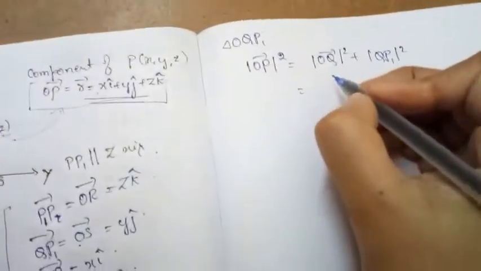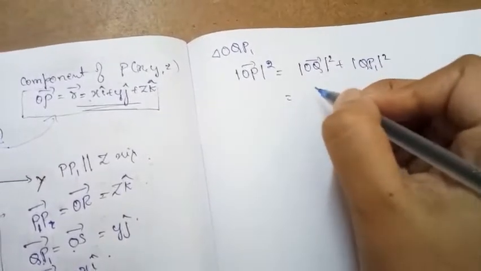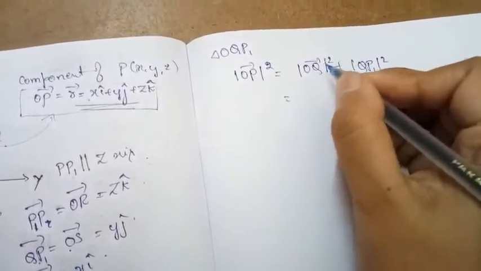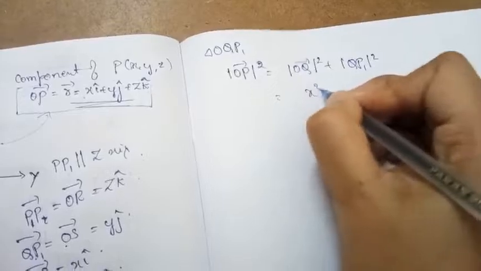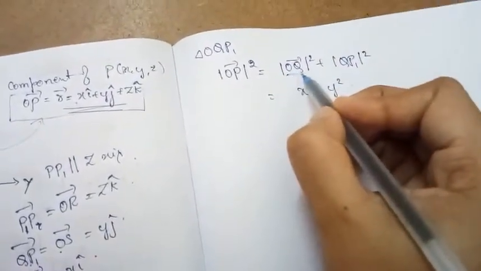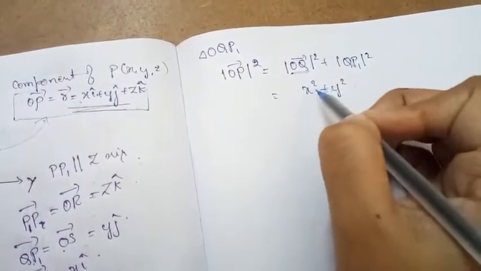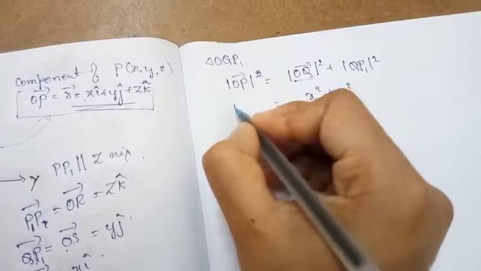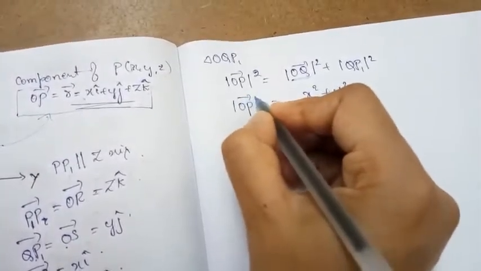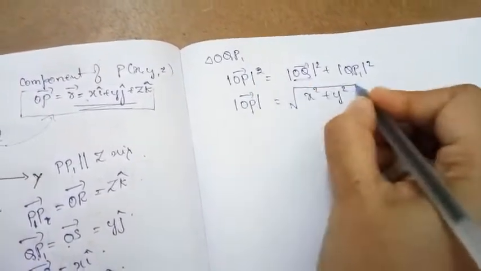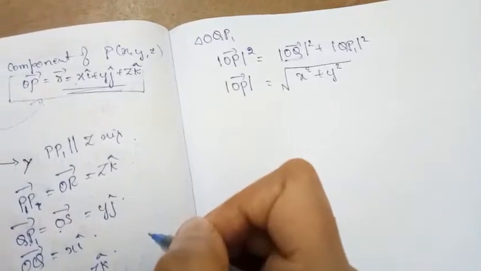It is nothing but xi cap, but they have asked the magnitude, so only x, so x square plus y square. So magnitude OP1 is nothing but square root of x square plus y square.